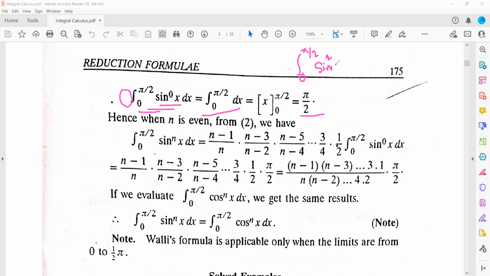Yeah, 2. That will be 2 sine square x dx. So if you find out the integration of this one using the above result, what coefficient can you write here? 1 by 2. How will it be 1 by 2?